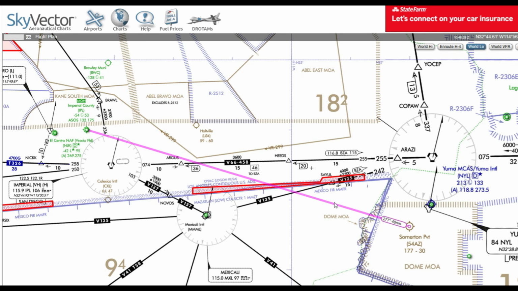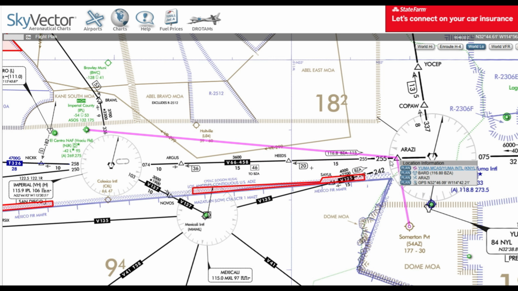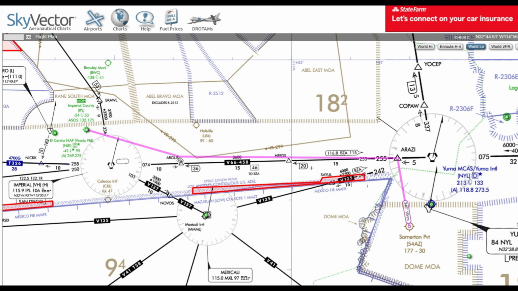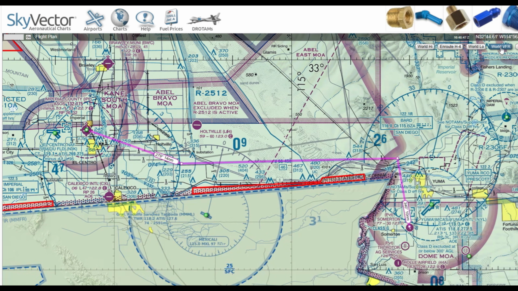Because of that, I can't fly that direct-to, so I chose a couple of waypoints. The first waypoint I chose was Arazi, which is just outside of the VOR position from Yuma. The second one was Argus, which is just outside of Imperial, and then direct to the waypoint, which is Imperial Airport. While I'm able to easily set it here, these points do not show up on a VFR sectional chart.